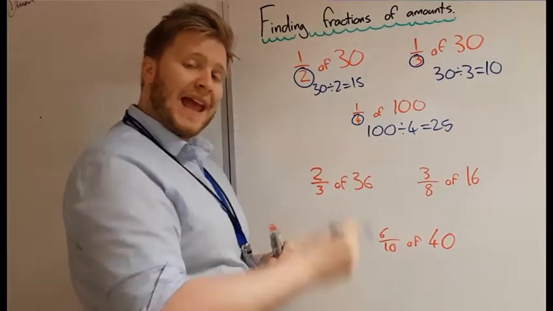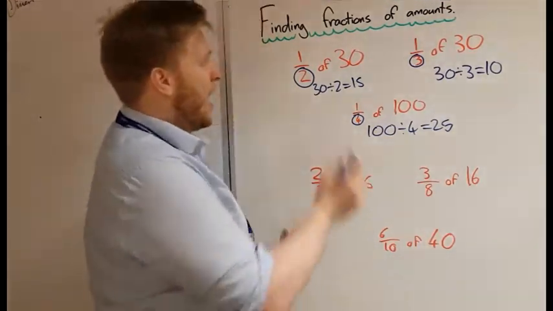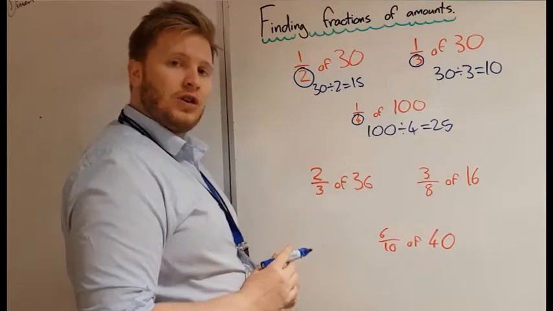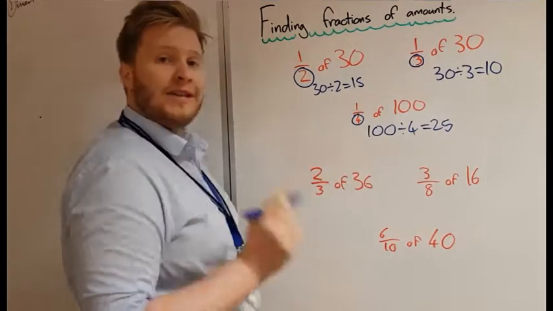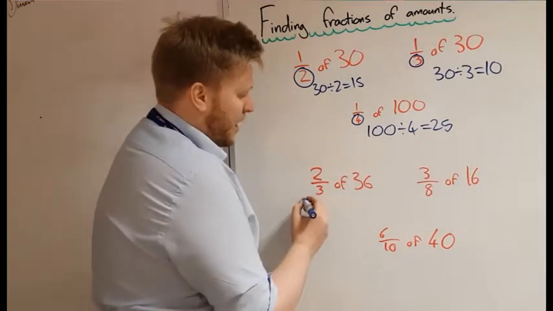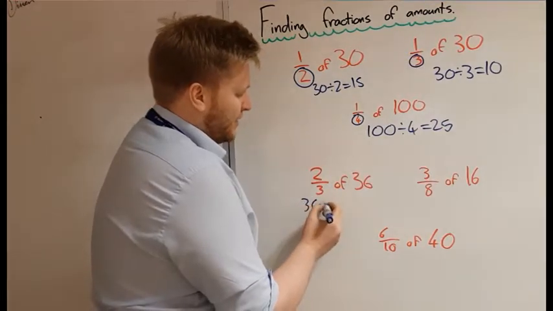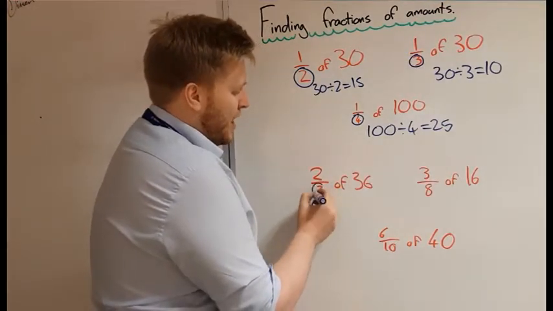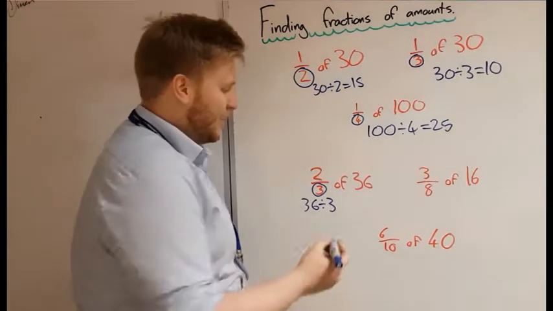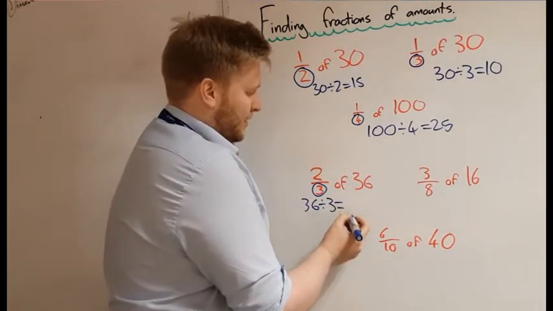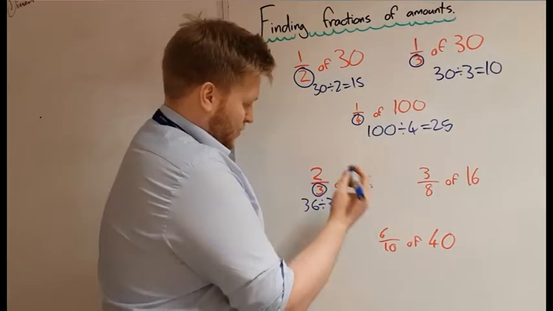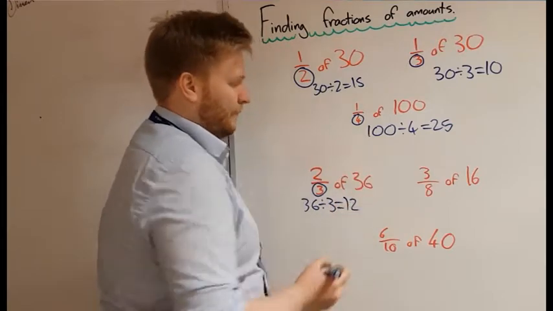We are technically doing the same thing here, because what we need to do to find 2/3 of 36 is firstly the same thing. We do 36 divided by 3 because we have a 3 as our denominator. 36 divided by 3, and we would get 12.